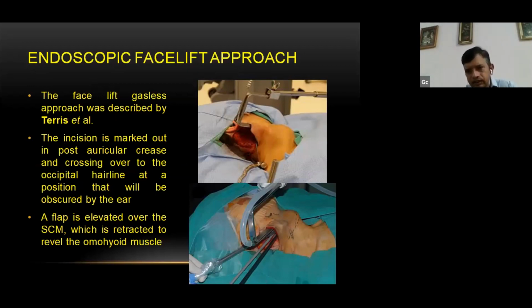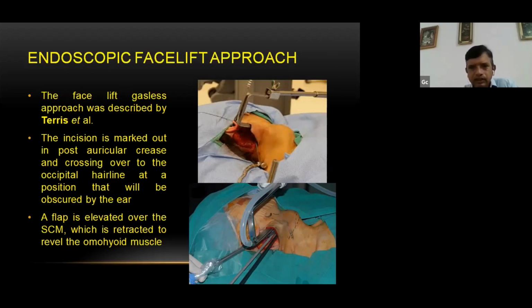But over the mastoid, below the ear, the flap is thin. So chances of flap necrosis in this area were very high. And if there is flap necrosis, the scar is very bad and it is visible. So that was the limiting factor of this.